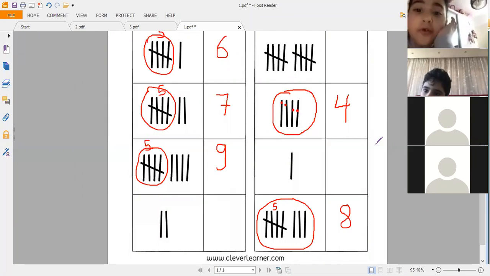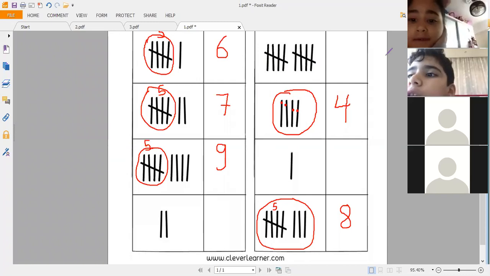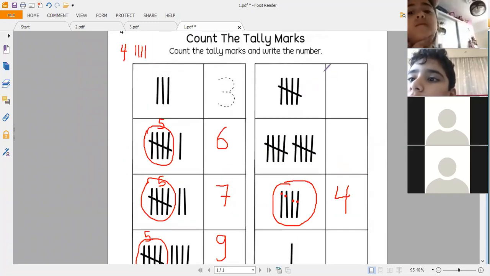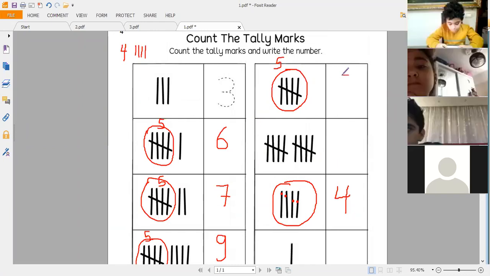You finished all the sheet? Very good. Okay, which number do these tally marks represent? 5. Yeah, directly you will say 5. It will be 5.